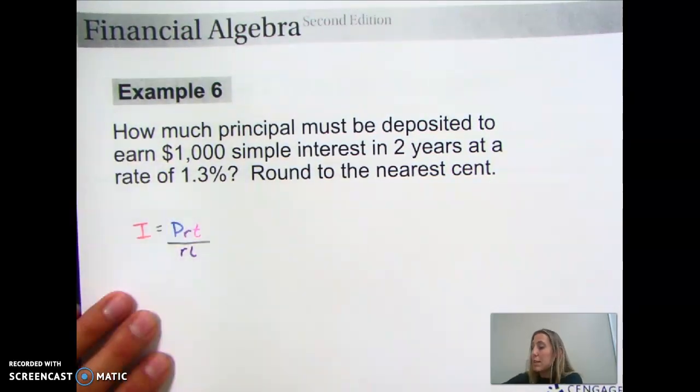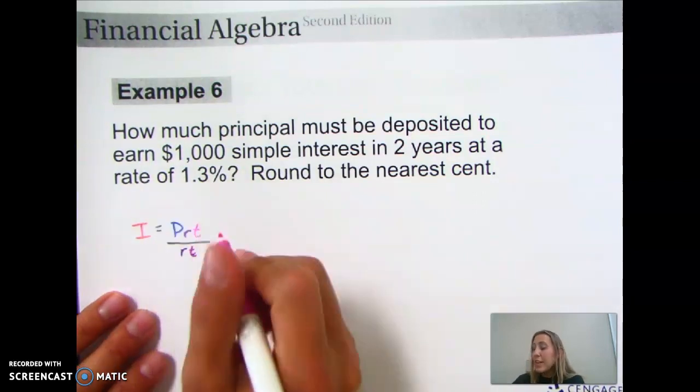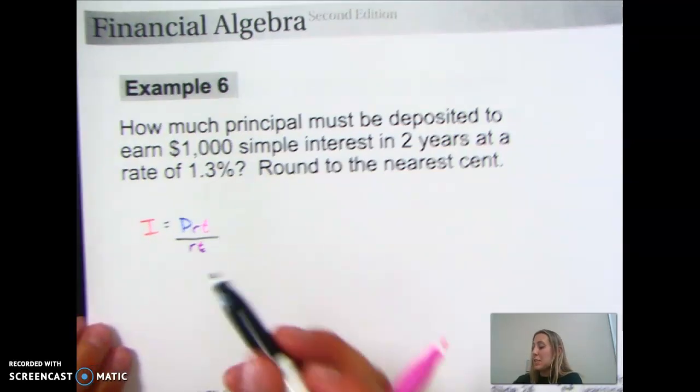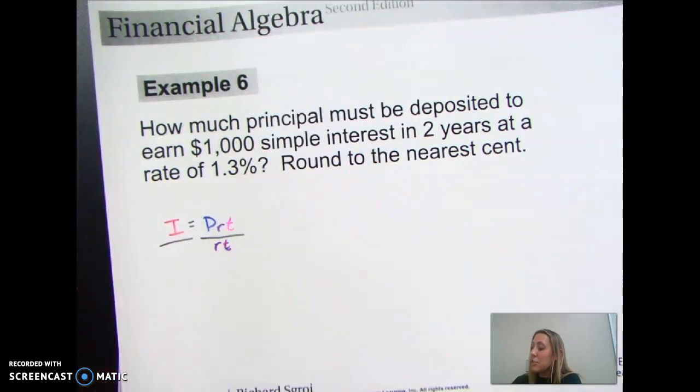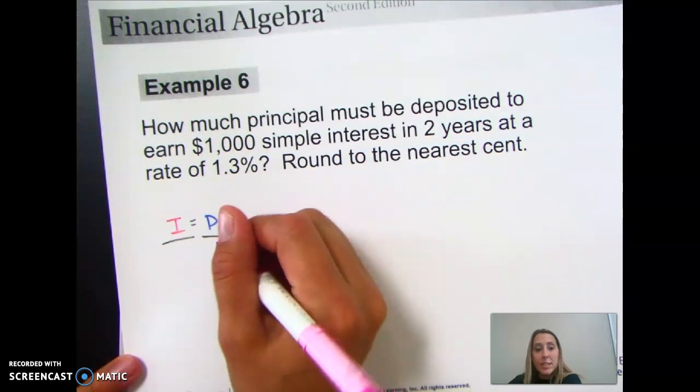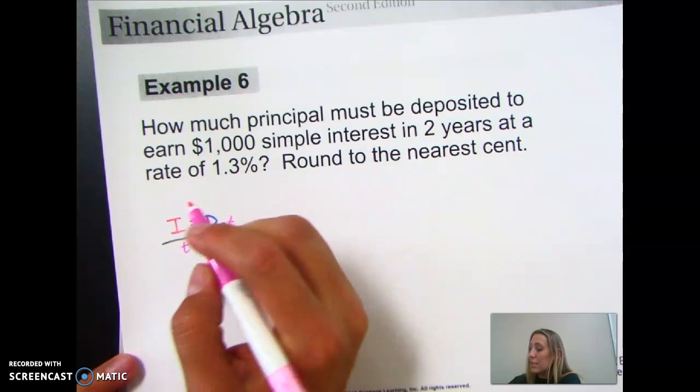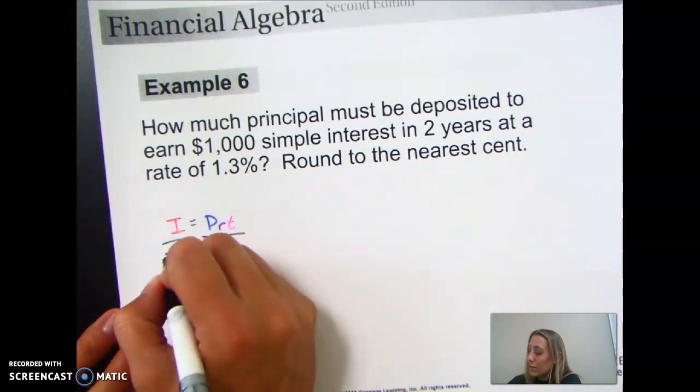I'm going to write that in pink. If I do that on one side, I must do it to the other side. Then I have just P, because r over r is 1 and t over t is 1.